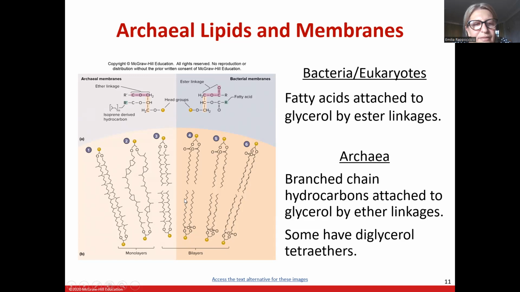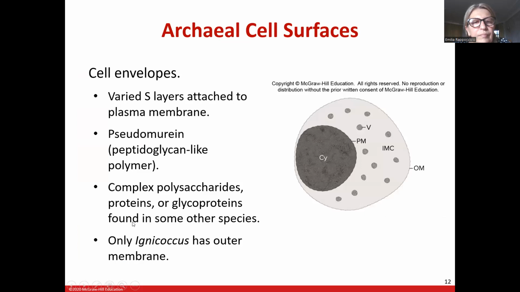Tetraethers, tetra because it's 4 ether groups. There is one here, one here, one here, one here. So that is the major difference between the bacteria, the eukarya, and the archaea. It puts the archaea in a group completely separate. No ester bond and monolayer in the membrane.